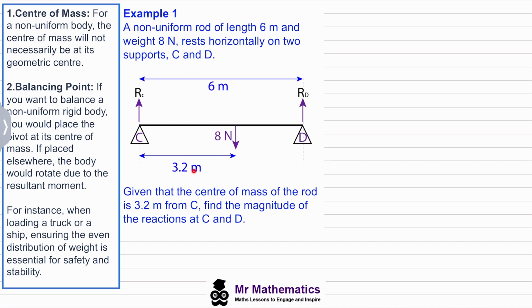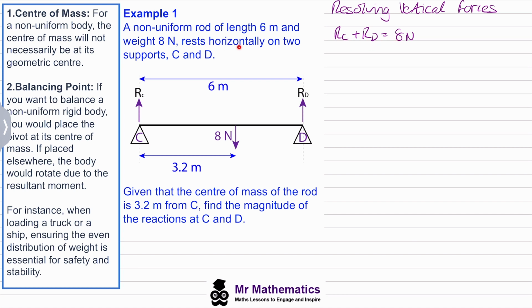It acts at 3.2 meters from C. So we can begin by resolving the vertical forces. The upward forces, RC and RD, will have a total equal to the downward force, which is 8 newtons. We can come back to this equation later.